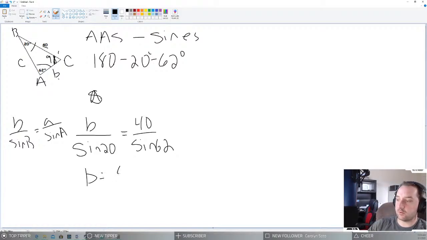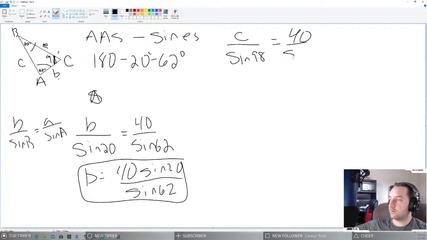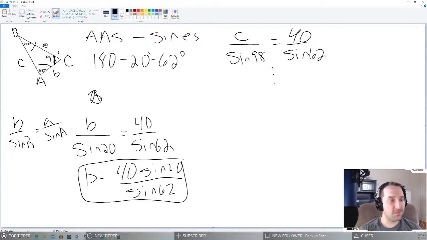So B equals 40 sine 20 over sine 62. You enter that in your calculator. To find C, same thing. C over sine C equals A over sine A. And get C by itself and enter that into your calculator.